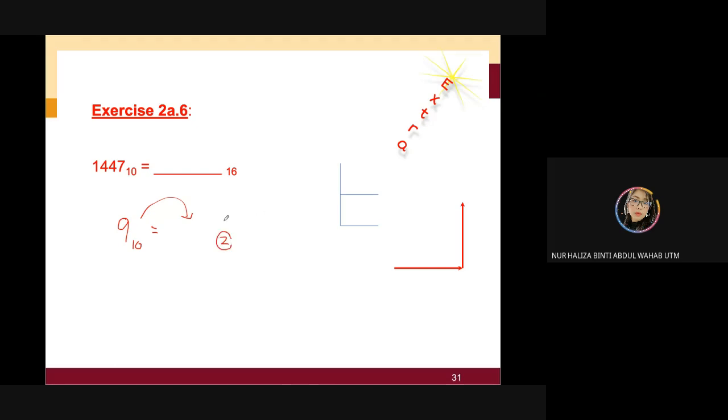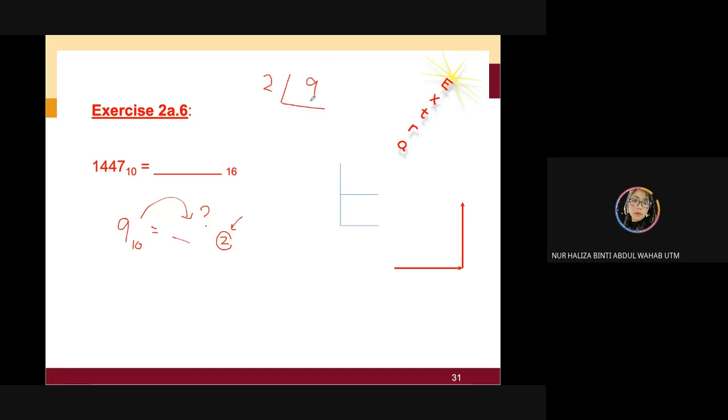So using base 2, what is the number? I need to remember that if I need to convert, I need to use division. So I will divide by my base 2. So I have 9, I will divide it by 2.